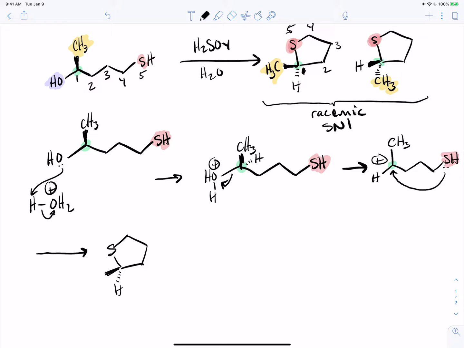So I'll draw one of the enantiomers here. So you'll note that after it attacks, I still have a proton attached there. And so my final step is really deprotonating that. So water comes in, steals that proton. And those electrons go back onto the sulfur. And now I finally have my product.